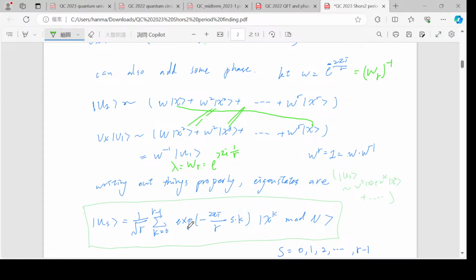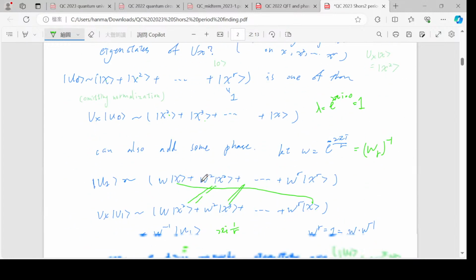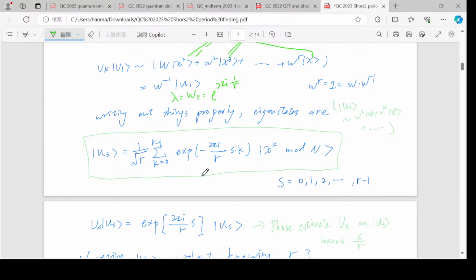Any question so far? Okay, here is the main quantum part of Shor's factoring algorithm. So we have u_s as this state.